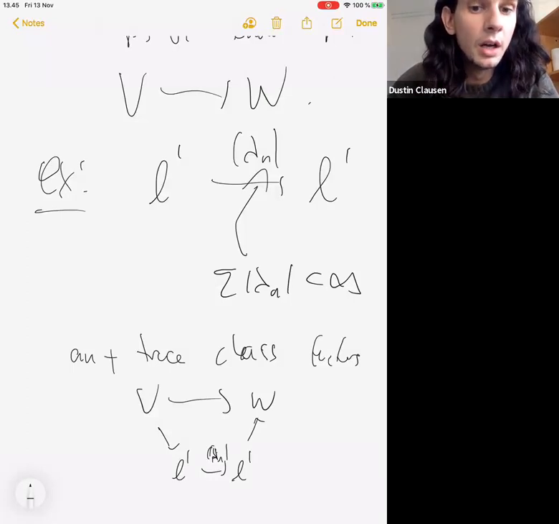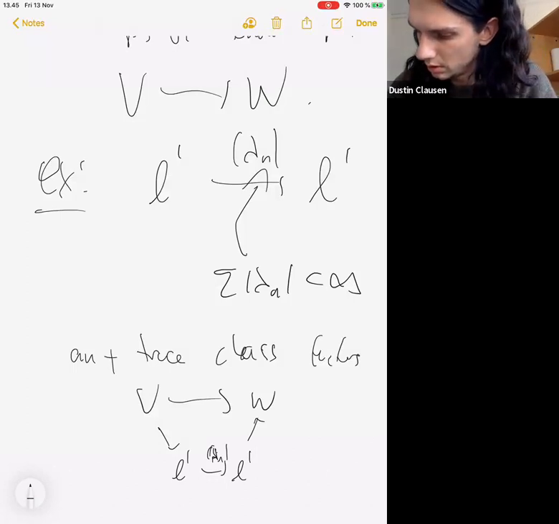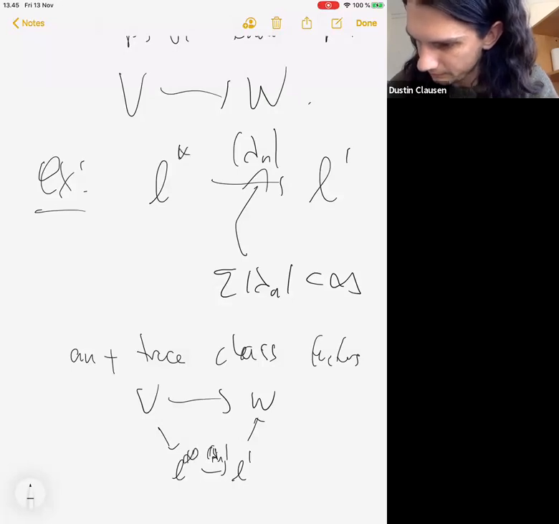Don't you have to take one of them to be L infinity? I think the basic example should be L infinity going to L1 via lambda_n, no? Right, you're right. Yeah, I'm sorry.